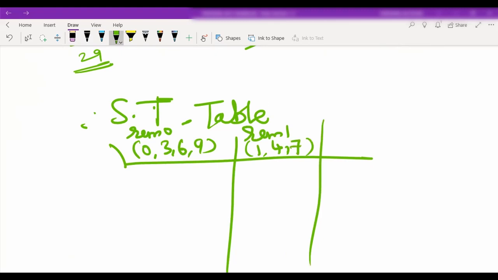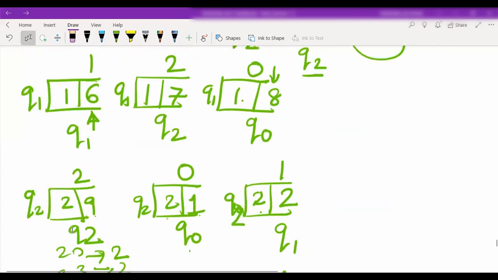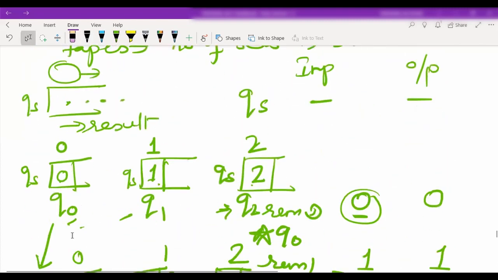Then we have the remainder 2 set, that is 2, 5, and 8. Now, what are the distinct states? We have the initial state as the QS state. Now, QS on 0369.